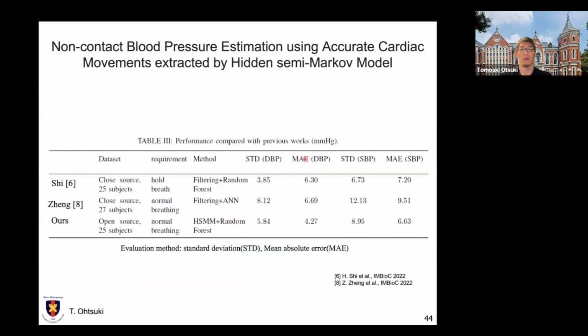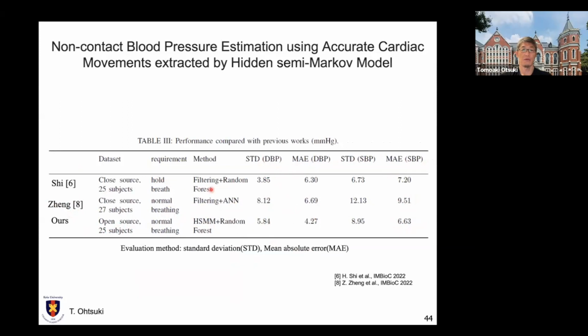Again, for the DBP and SBP, I show the standard deviation and also the MAE. Compared with reference 8, filtering and artificial neural network, our technique here achieves better performance in various aspects.